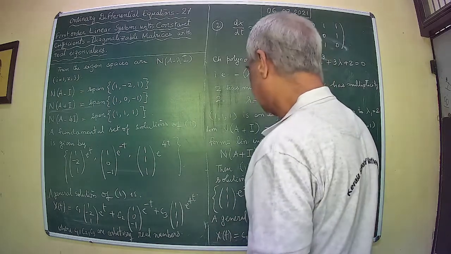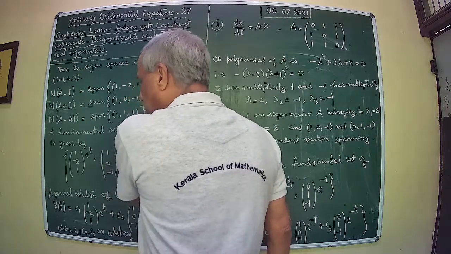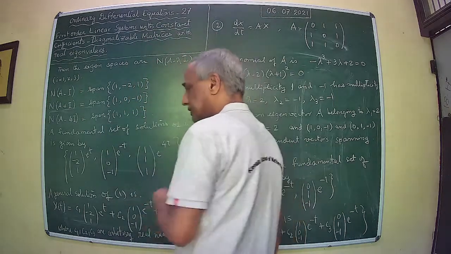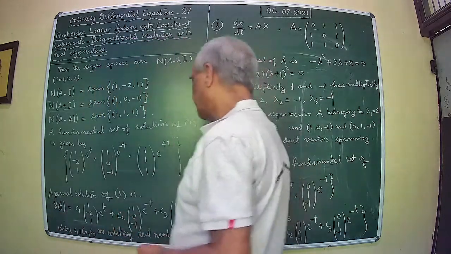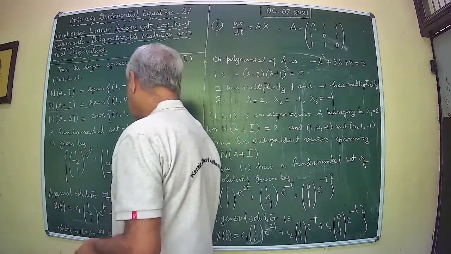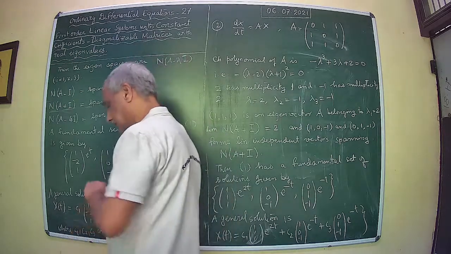Now C1, C2, C3 are arbitrary. Suppose you are given an initial condition x(t0) equal to some x0. In that case, you have to determine C1, C2, C3 such that x(t0) is equal to x0, and you can see that these vectors are linearly independent.